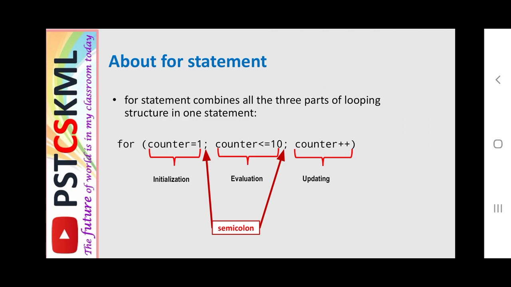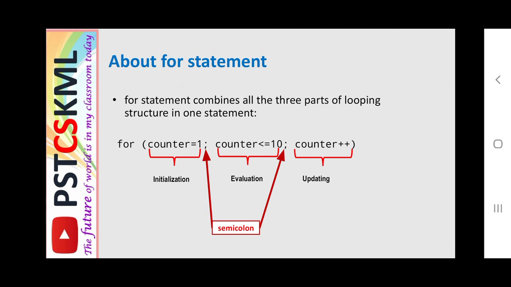Okay, how to write the for statement? The for statement combines all three parts of the looping structure in one statement. For counter equals 1, the initialization, then a semicolon, then the evaluation, or expression, counter less than or equal to 10, then a semicolon, then the update, or increment, counter plus plus or counter equals counter plus 1.